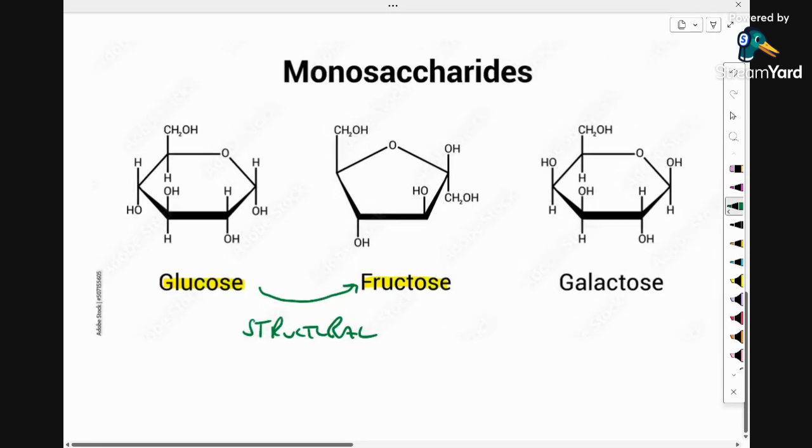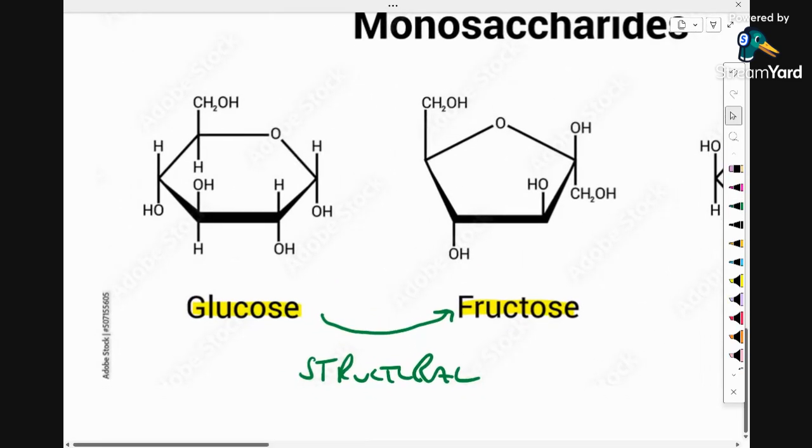The whole point here is, and it's hopefully now fairly obvious when we look at the cyclic form, the shapes look very different. This looks like a hexagon, whereas fructose looks more like a pentagon, with carbons essentially sticking out.